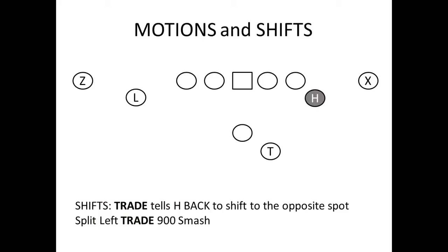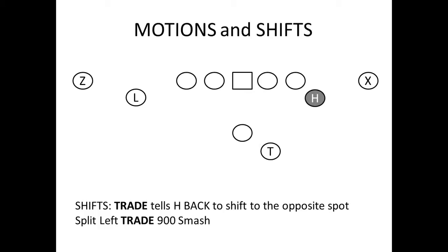Next, motion and shifts. Here we are in split left. Trade for us tells the H-back to shift to the opposite spot. Right now, he's in the 4 spot. If we want him to trade to the 5 spot, we just say trade, something that he is ingrained on early on in our offense. So the example of the play is split left trade 900 smash. 900 is sprint outs.